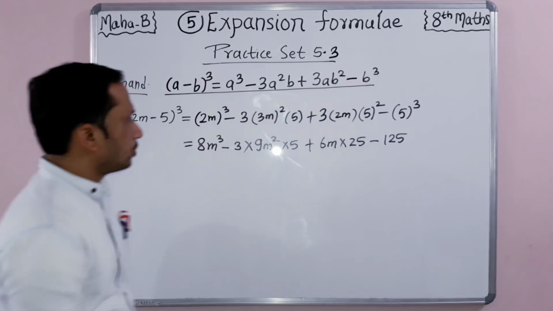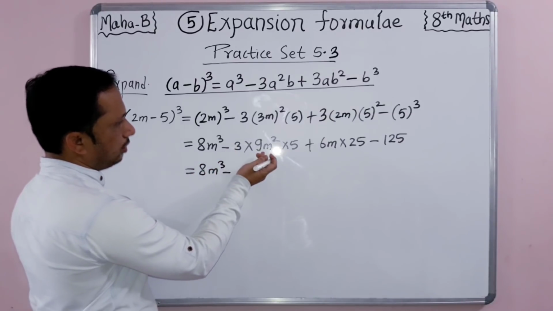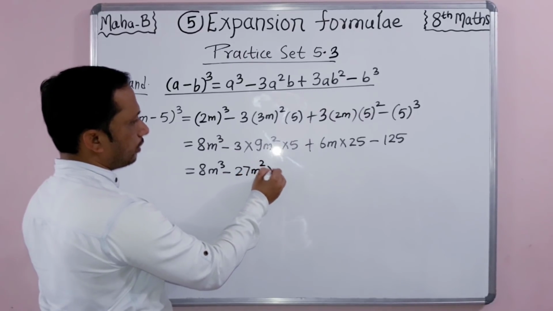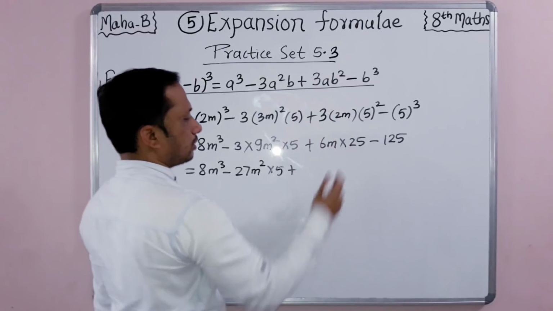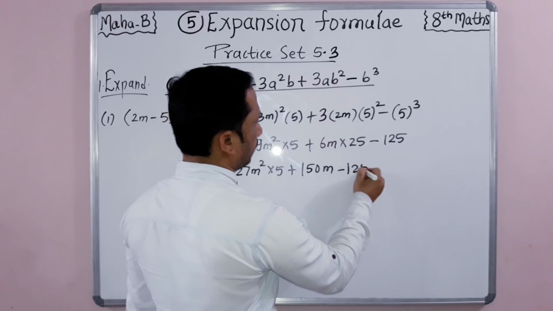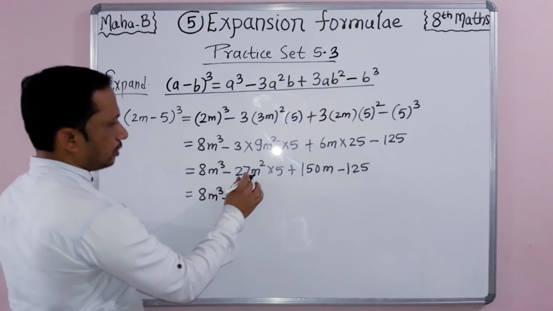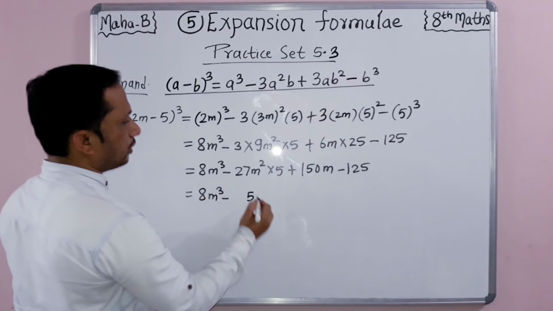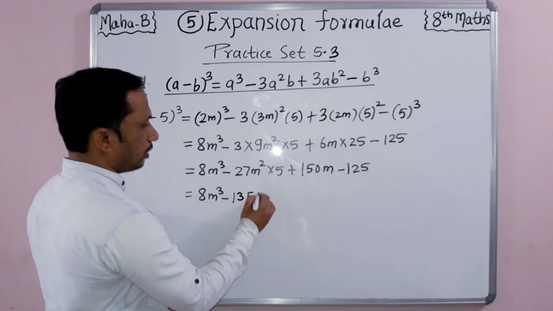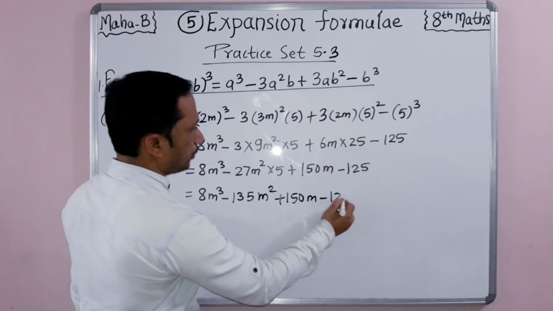Okay students, so 8m³ is first, minus 3 into 9 is 27, m² into 5, that is 135m², plus 6 into 25, it is 150m, minus 125.